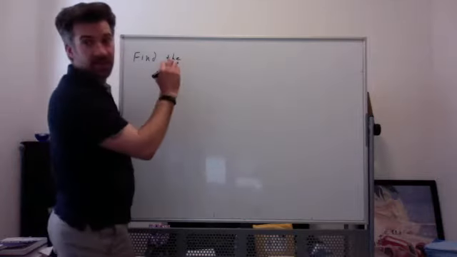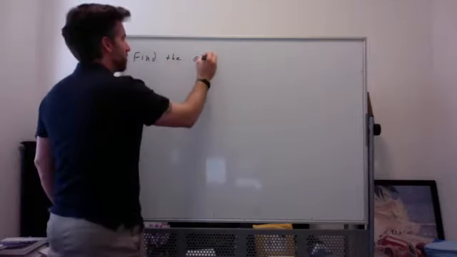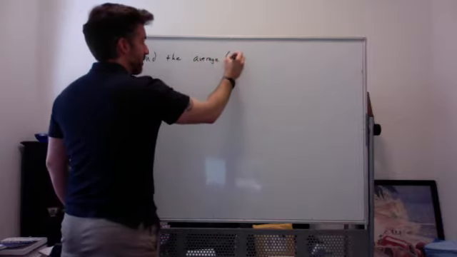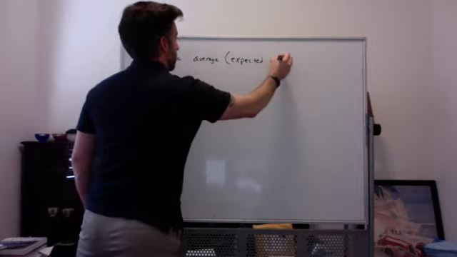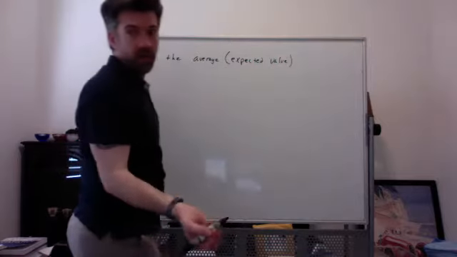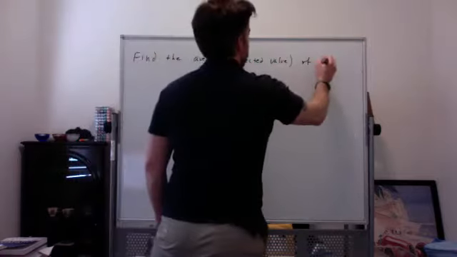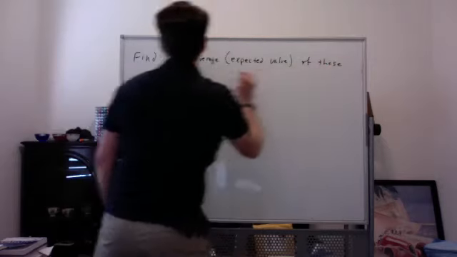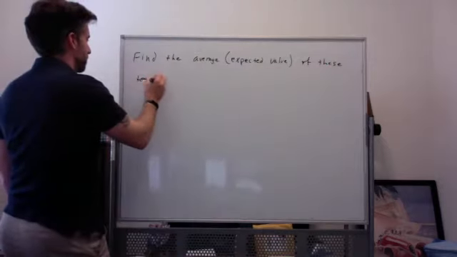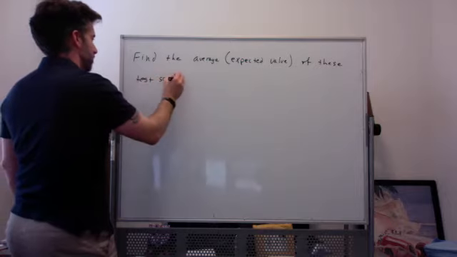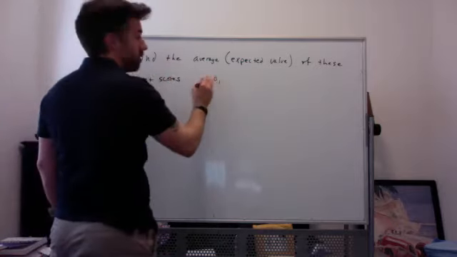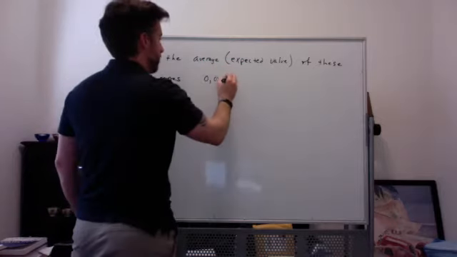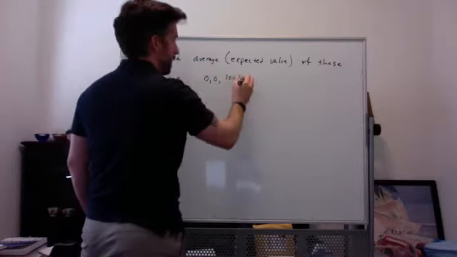So find the average, which is just another word for expected value, of these test scores. And so the test scores are 0, 0, 100, 100, 80, and 20.